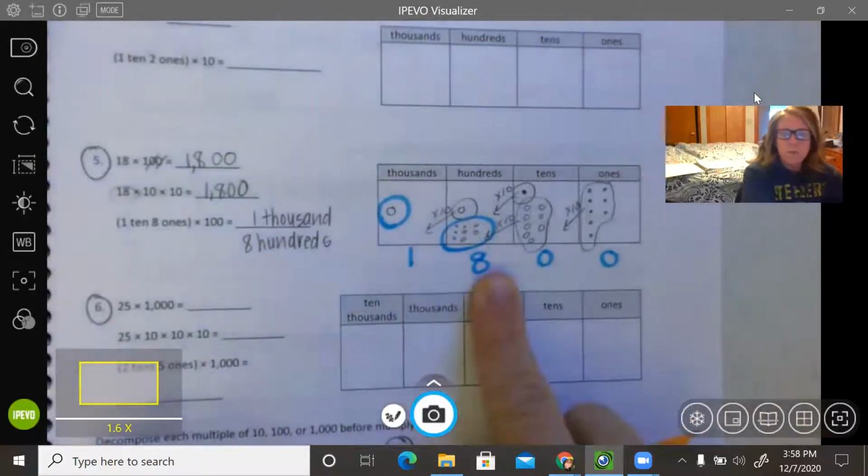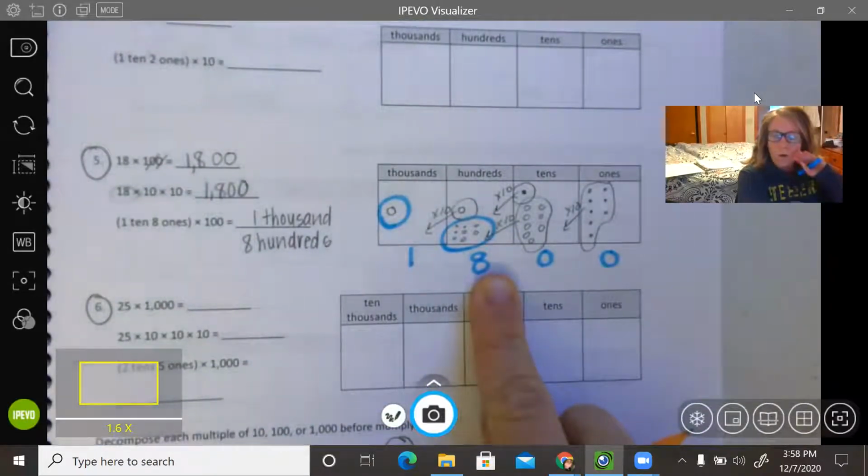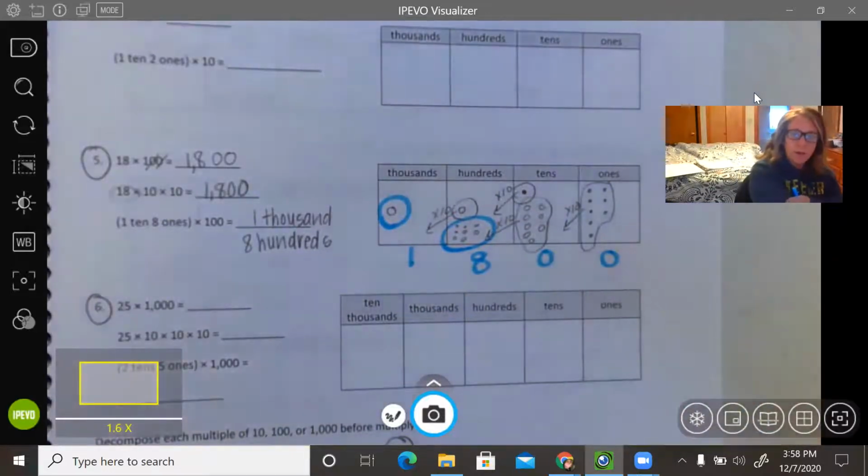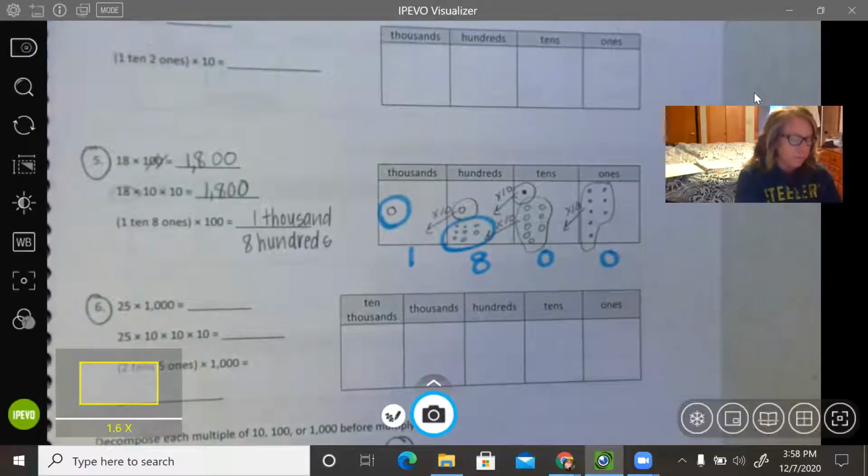This is a nice visual to show you what you're doing when you are multiplying by those multiples of 10, how you're moving to the left on the place value chart.